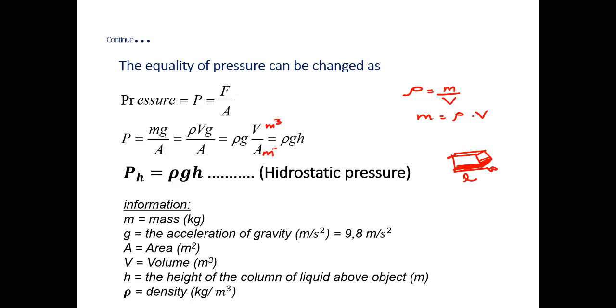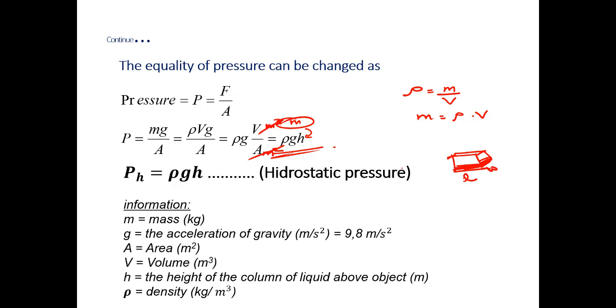And area is meter squared. So when you cancel out, you have one meter. This is h. So you have pressure in liquid is rho gh.